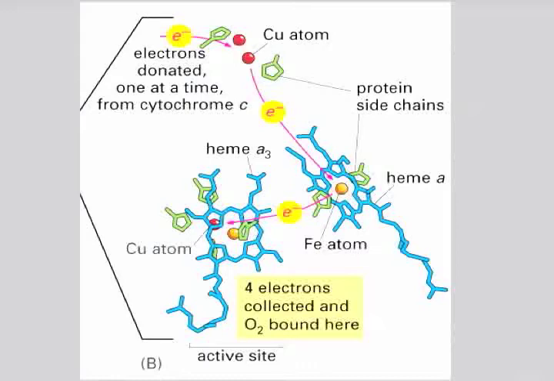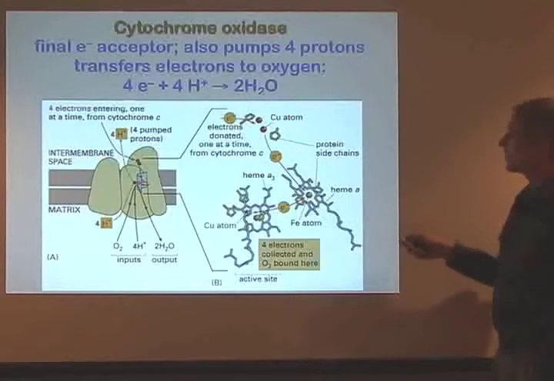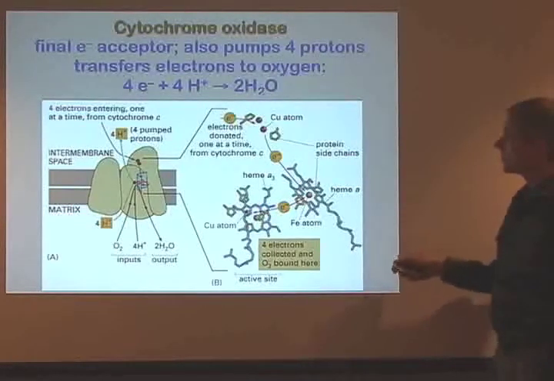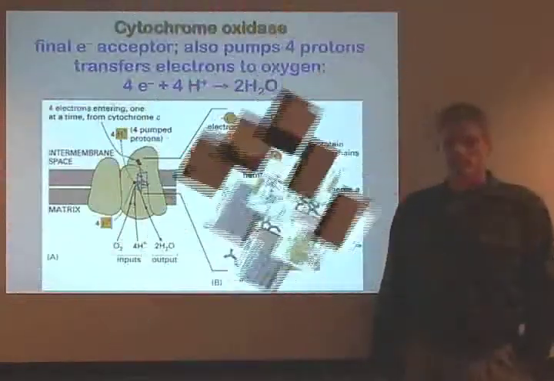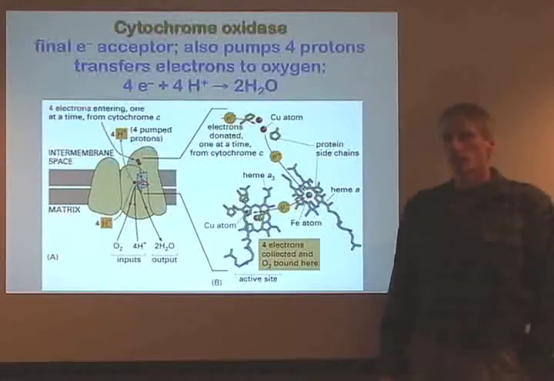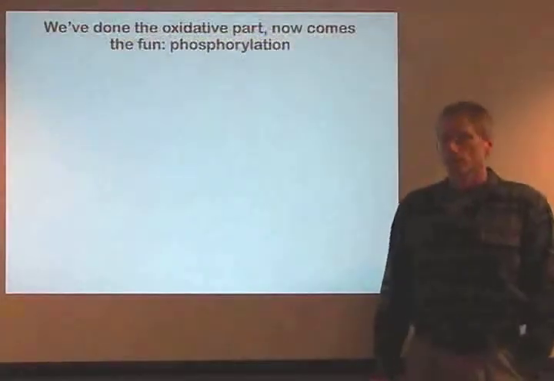It has 2 heme groups, and the flow of the electrons goes through this copper to protein side chains to these iron and copper heme groups. So that is the oxidative part.